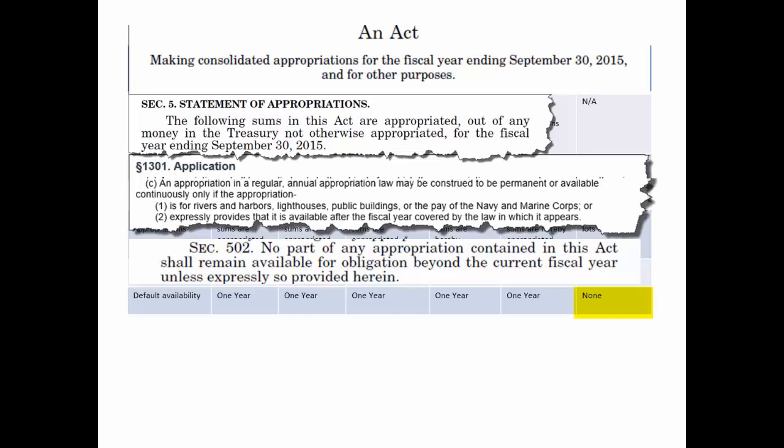So let's review the definitions of period of availability in OMB Circular A-11. When a law appropriates budget authority, it sets the period during which you can use it to incur new obligations. This is called the period of availability for new obligations of the budget authority. And the period normally is specified in the law providing the budget authority.